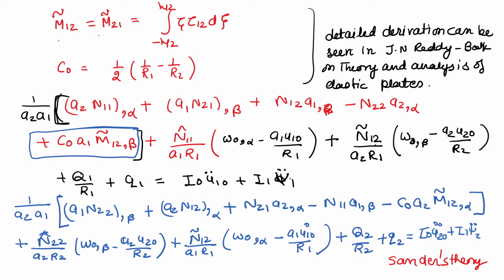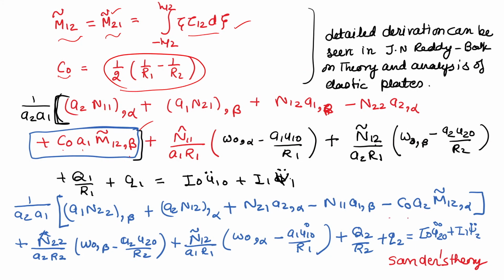So, M12 is now denoted by tilde, because they are the same now, zeta by tau 12. Here C naught is a constant, 1 by 2 times (1 by R1 minus 1 by R2). If you multiply with it, it will contribute to del U10. So, C naught A1 M12 comma beta will be added in the first equation.